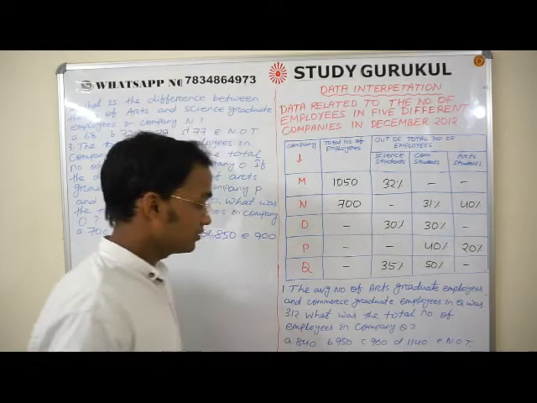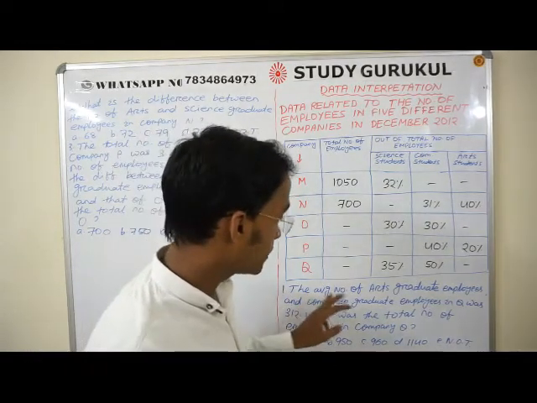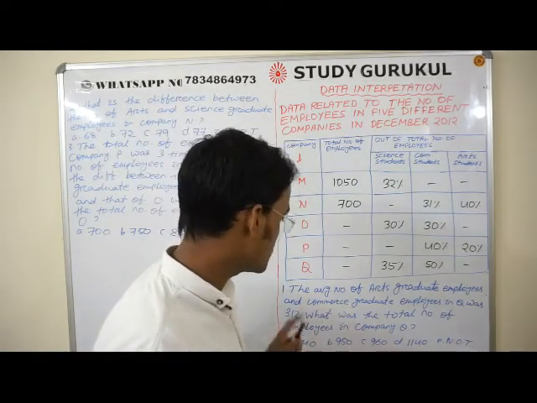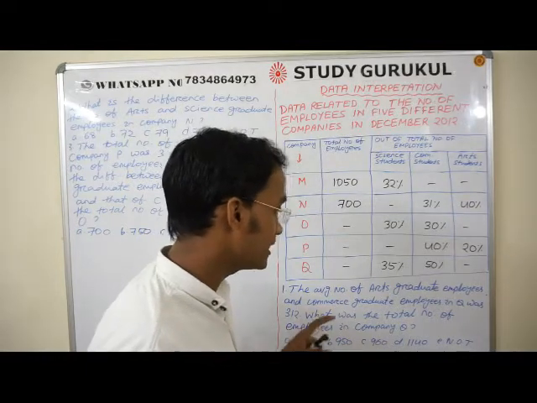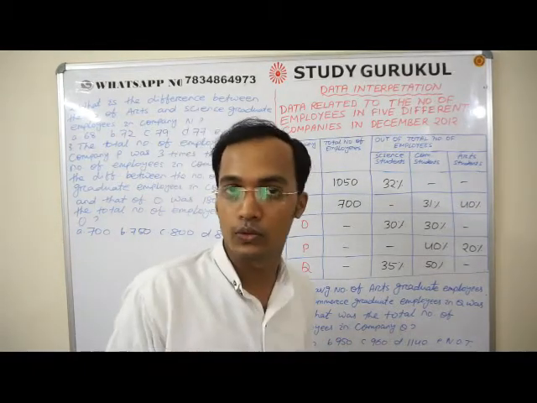See, what is question number 1? The average number of arts graduate employees and commerce graduate employees in Q was 312.